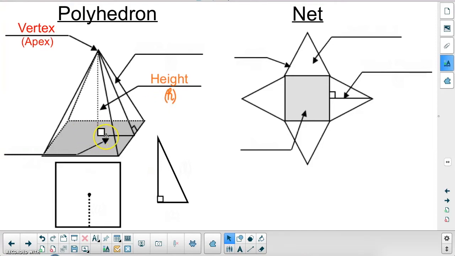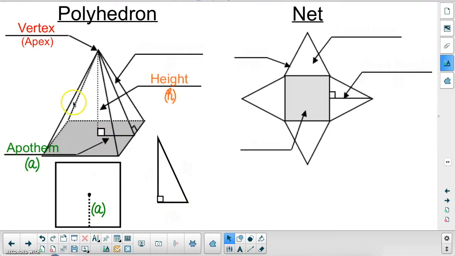Notice from the center to the side of the base, well, we know from area of figures that the center to the side is the apothem. So we actually have the apothem represented in the polyhedron here. If I take a look at just the base here, from the center to the side is the apothem.